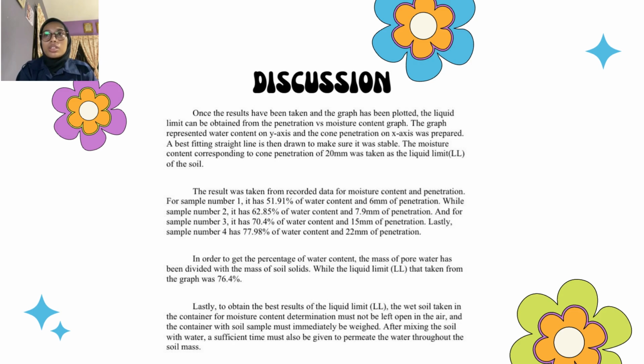A best-fitting straight line is then drawn to make use of it. The moisture content corresponding to a cone penetration of 20 mm was taken as the liquid limit of the soil. The result has been taken from the recorded data of moisture content and penetration.